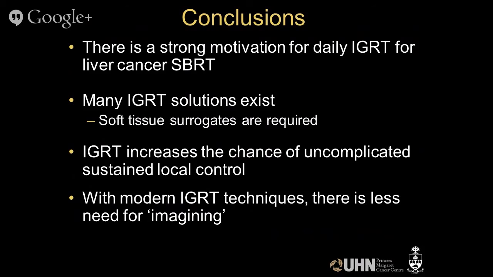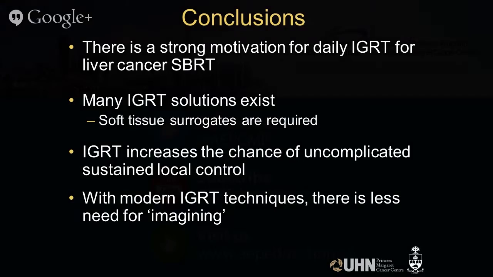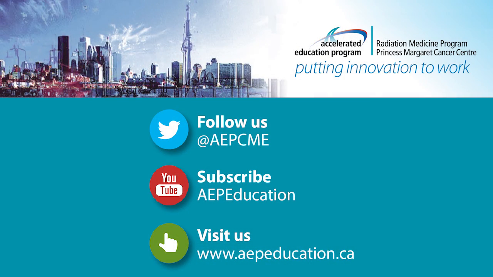IGRT increases the chance of uncomplicated, sustained local control. And with modern IGRT techniques, there is truly less need for imaging. Now, that doesn't mean we shouldn't be speaking and collaborating with our radiology colleagues. I think that's a crucial part of a successful liver SBRT program.